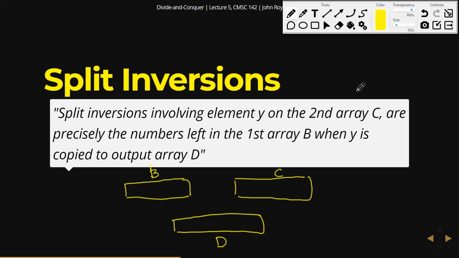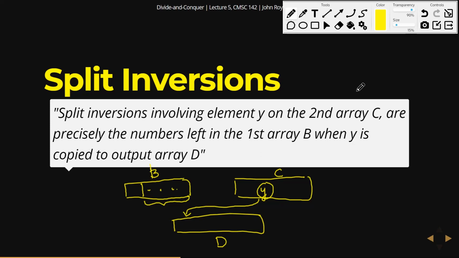So, split inversions involving element y. If this y is being copied to the merged array D, the split inversions involving it are the items left in B, because all of them are supposed to be bigger than y, but they haven't been copied yet.